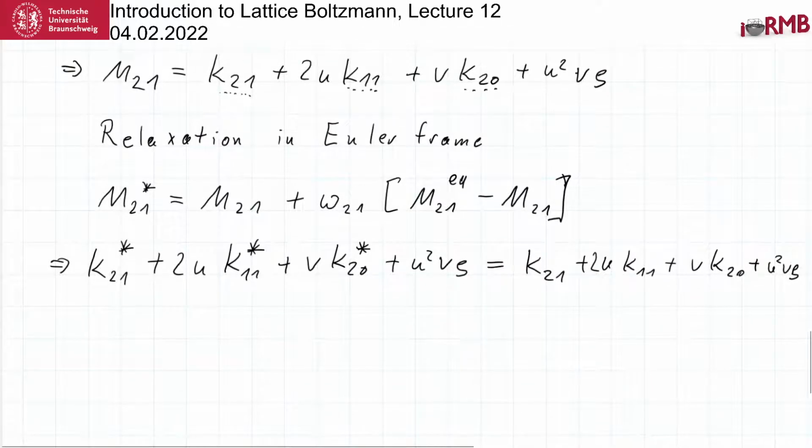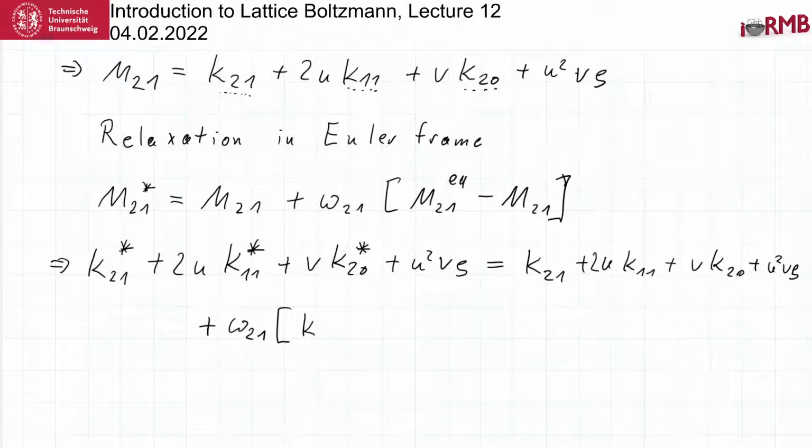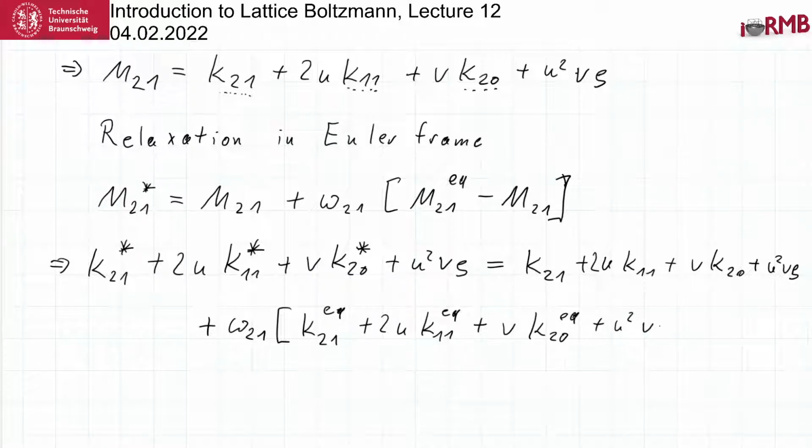Okay, we are not done with the right-hand side. We also have to have the collision operator. This is omega 21, and now everything comes for the equilibrium state. This is k21 equilibrium plus 2u k11 equilibrium plus v k20 equilibrium plus u square v rho. So this was the equilibrium part.